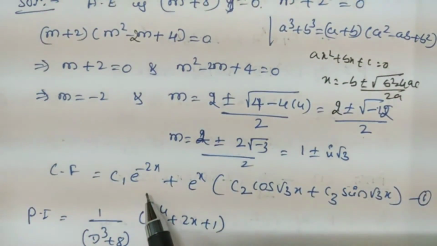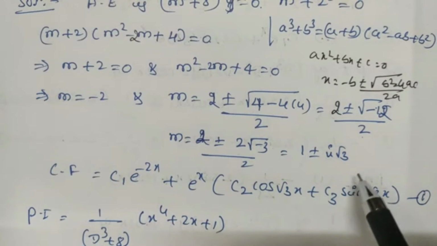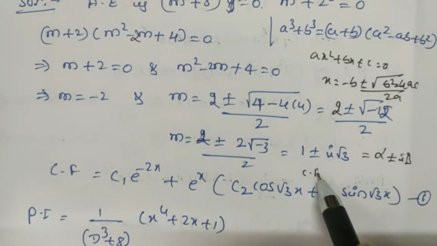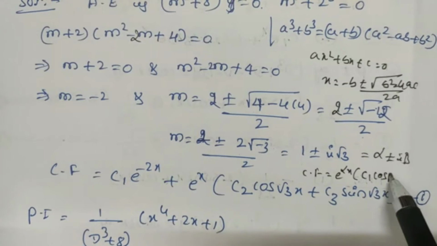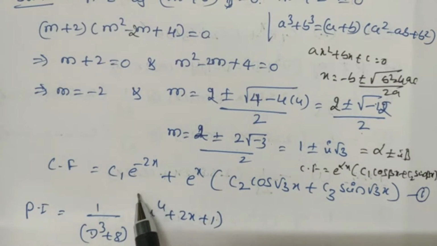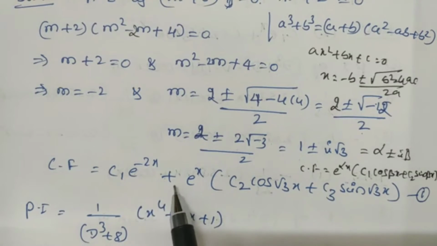Therefore, the complementary function: the root is in the form of alpha ± i beta. We know the complementary function is e^(αx)(c1 cos βx + c2 sin βx). The first root, −2, is real, so its complementary function is c1 e^(−2x).